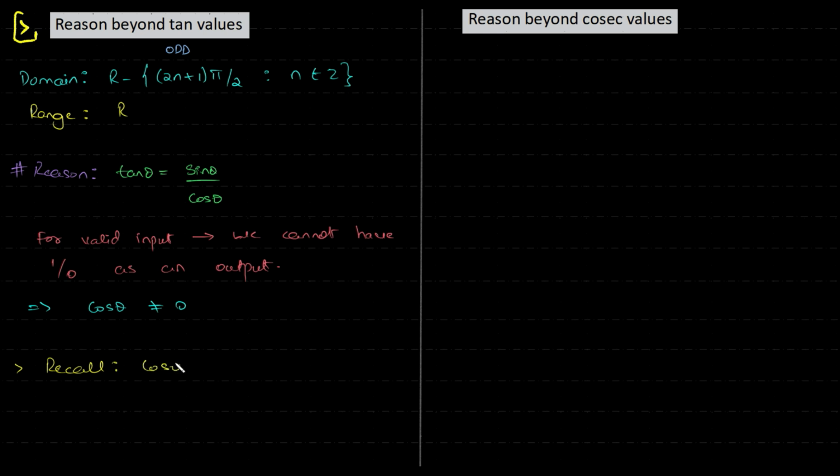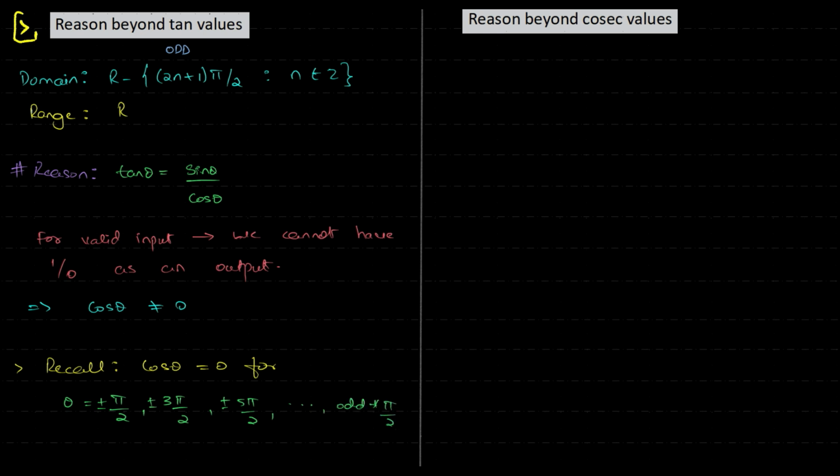Cos theta is equal to 0 for theta equal to pi by 2, then 3 pi by 2, including plus or minus, then 5 pi by 2, and so on and so forth. So basically odd multiples of pi by 2.